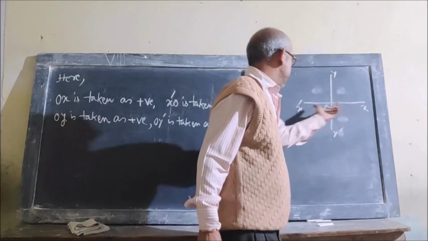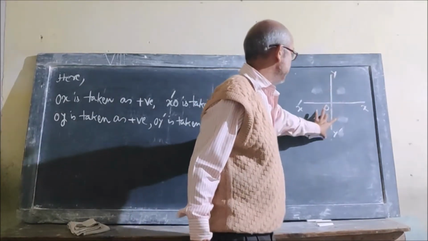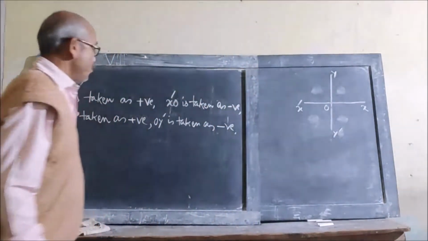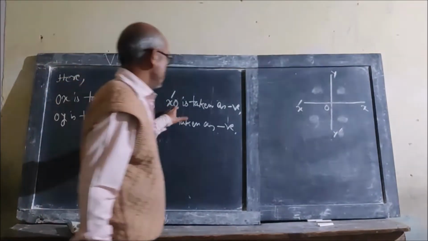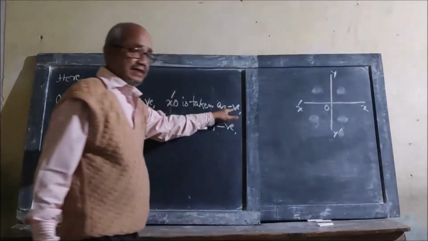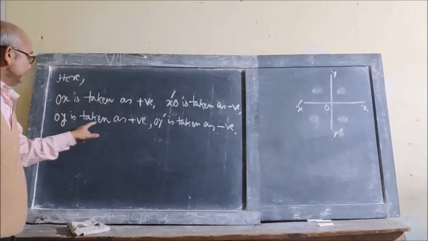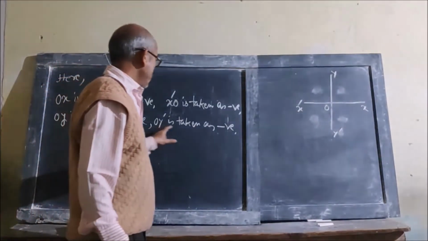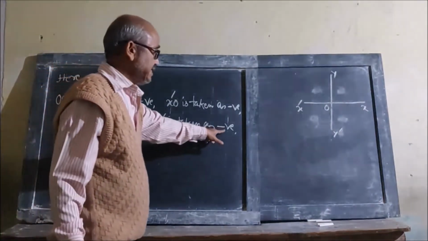This one is positive, whereas this one is negative, and that one is positive and that one is negative. So OX is taken as positive and X'O is negative, and OY is taken as positive and OY' is negative.